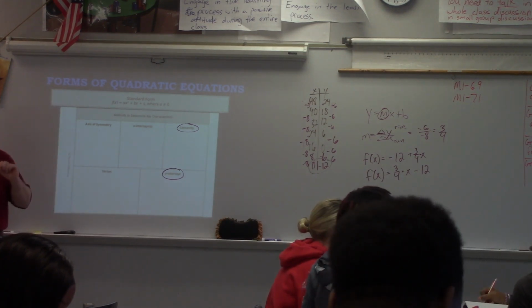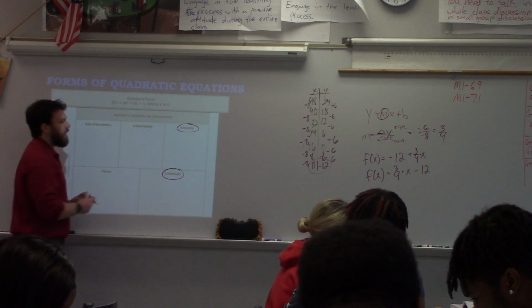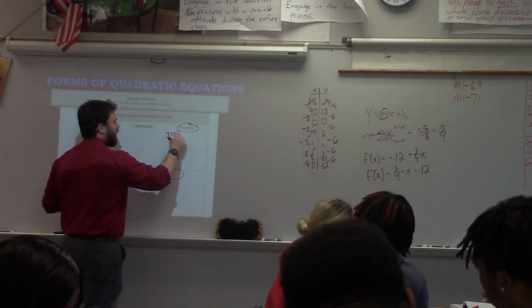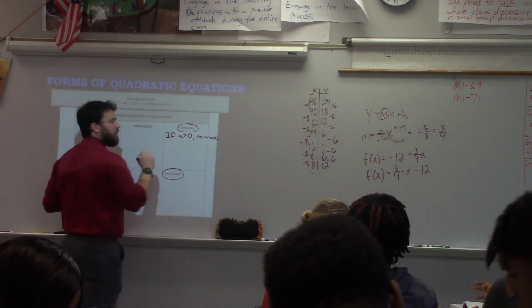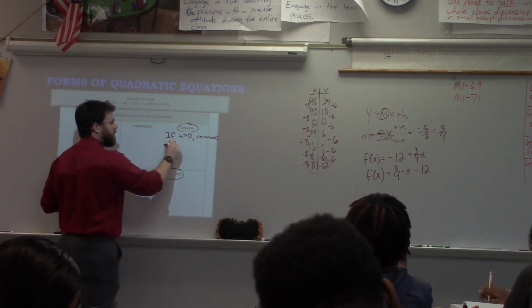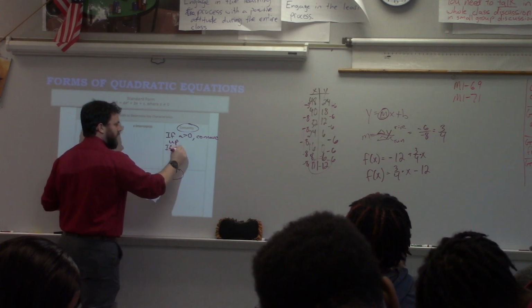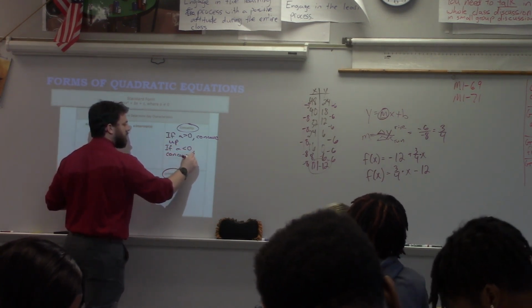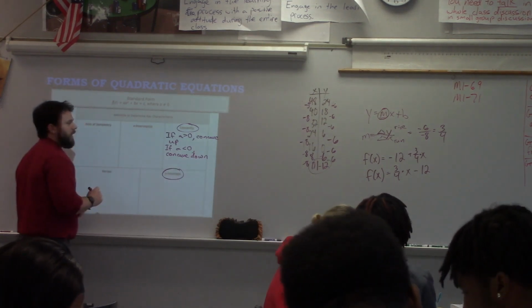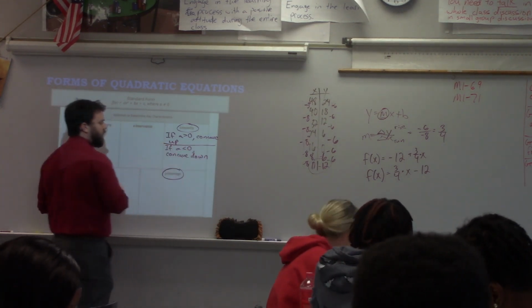There's one that we cannot get yet. Concavity. If A is greater than 0, concave up. If A is less than 0, concave down. Like a frown. Make sure you can identify that value for A.